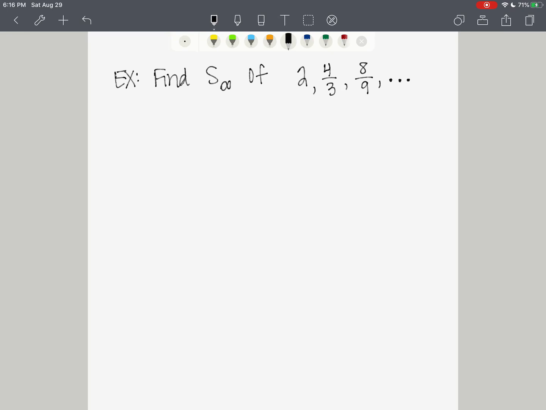So how do I find everything I need? Well, first, is it converging? So you first need to find out if it is converging. So what is r equal to? R has to be between -1 and +1. So I'm going to take the second term divided by the first term.